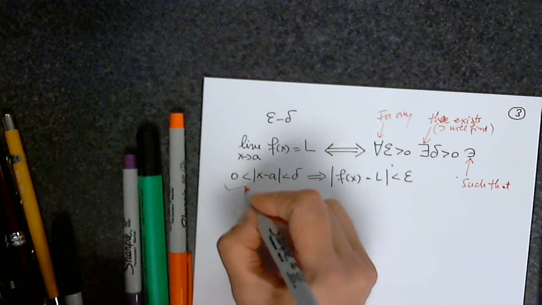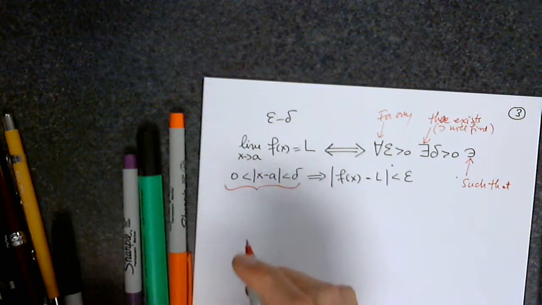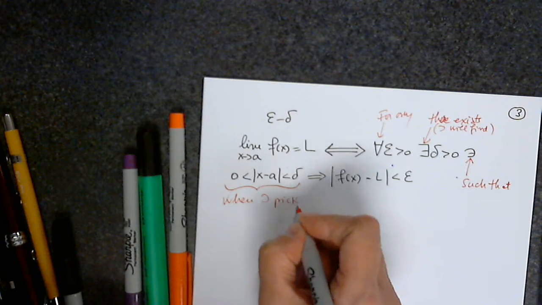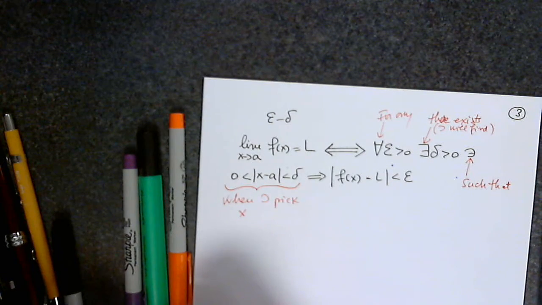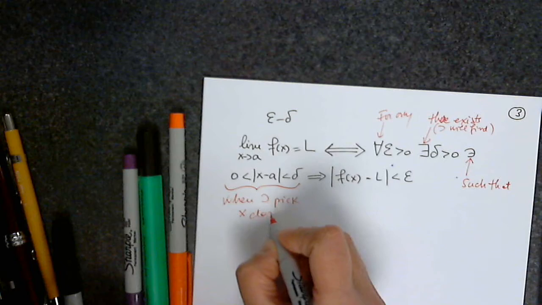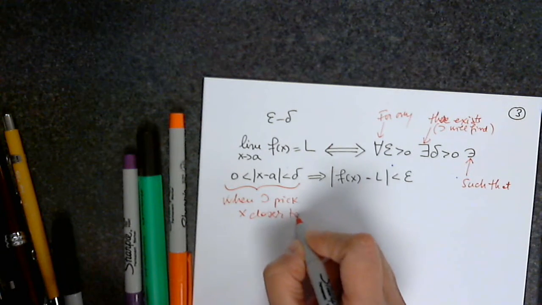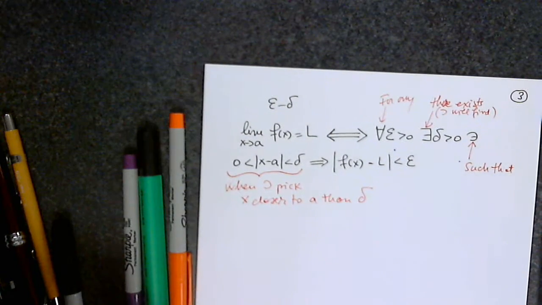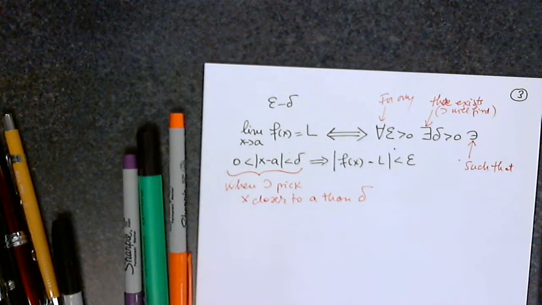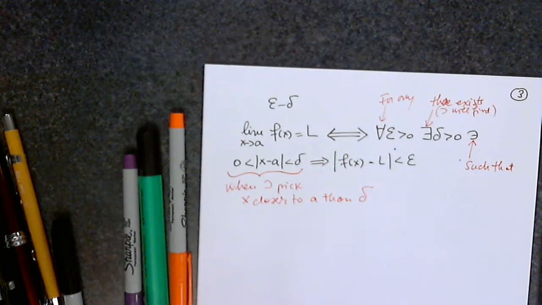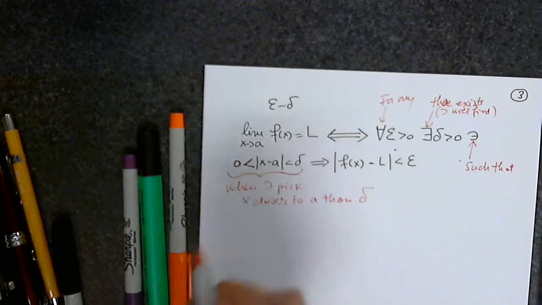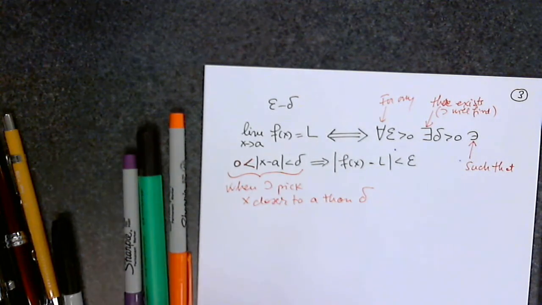And this is a little bit longer, I'll say, when I pick x closer to a than delta. In other words, I will pick an x that is close enough to a, not a. That's why I have this. This means cannot pick x equal a.